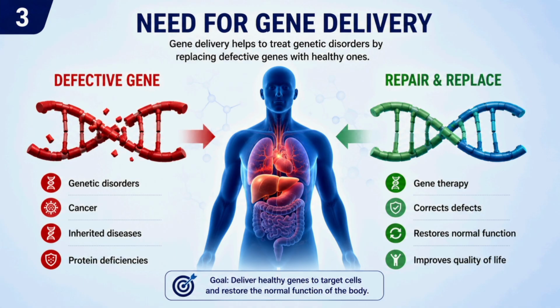Gene therapy is repairing the roof, a permanent solution. Gene delivery allows scientists to repair or replace the faulty gene itself. That is why gene delivery is considered one of the most promising technologies in modern medicine.